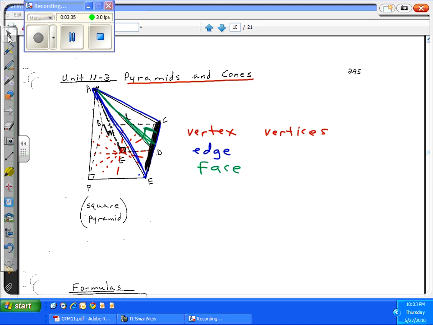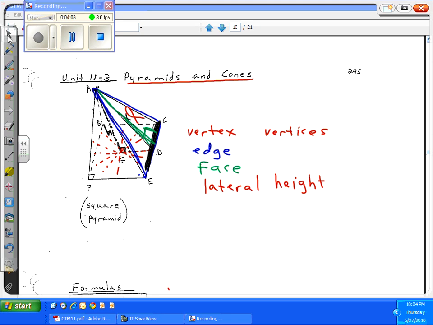The word for side is lateral, and so we call that thing the lateral height. So that's a new thing for us. The lateral height is the height from the peak down one side, which helps us find the area of the triangular side. Okay?